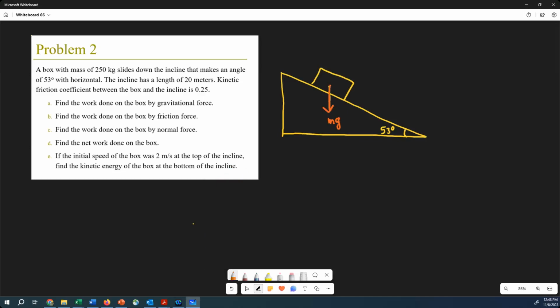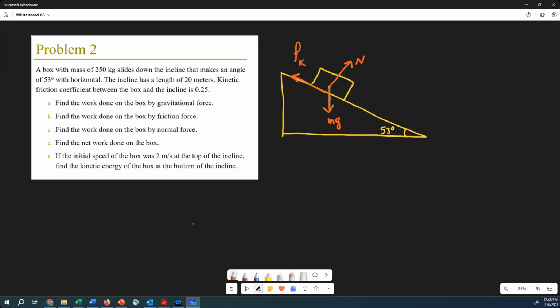There are other forces as well, but it's better to draw them first. The normal force is going to be perpendicular. This is the normal force. And if it is sliding down, there will be a friction force in this direction. What kind of friction force is it? Fk, or kinetic friction.